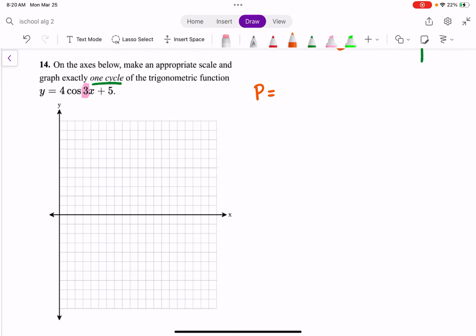So again, I have my formula, period equals 2 pi over b. And so I'm going to plug in 3 in for b. So 2 pi over 3. Okay? Now, what I always do is I'm going to count 8 spaces over. 1, 2, 3, 4, 5, 6, 7, 8. And I am going to call this 2 pi over 3.